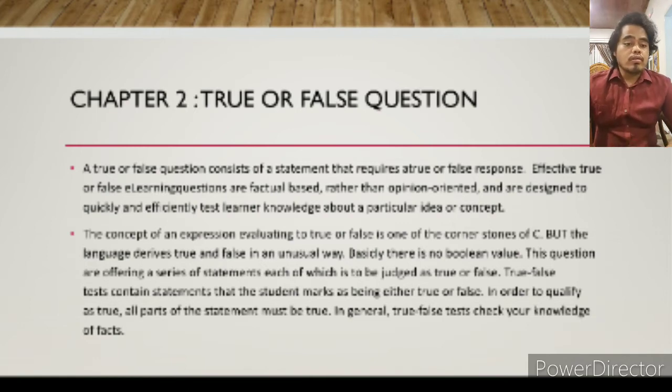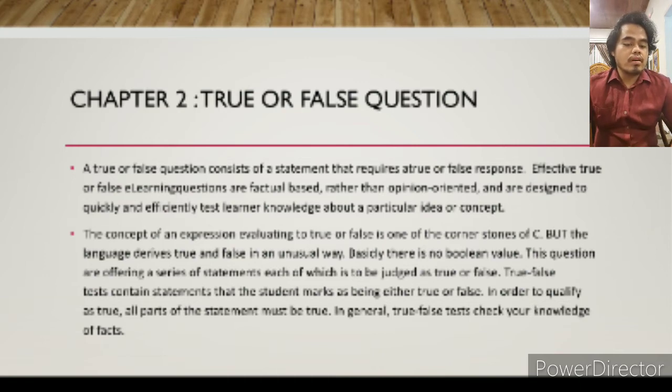The concept of an expression evaluating to true or false is one of the cornerstones of C, but the language derives true and false in an unusual way. Basically, there are no Boolean values.